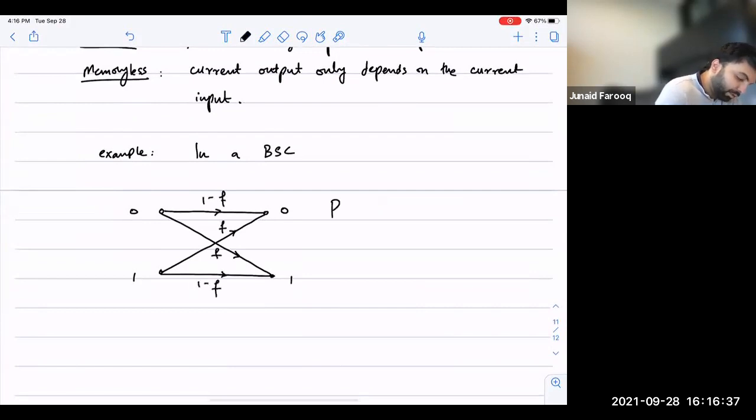So your transitions are memoryless. Y only depends on whether X is 0 or not. So it's only the current input that matters.